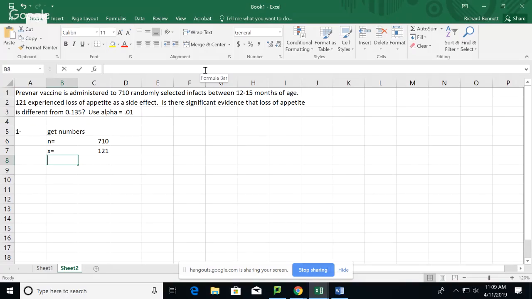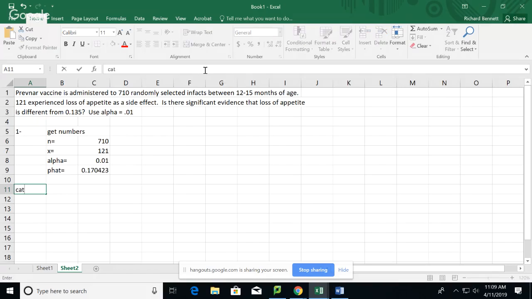Alpha equals 0.01. We could get P hat: 121 divided by 710. That's probably it. Okay?